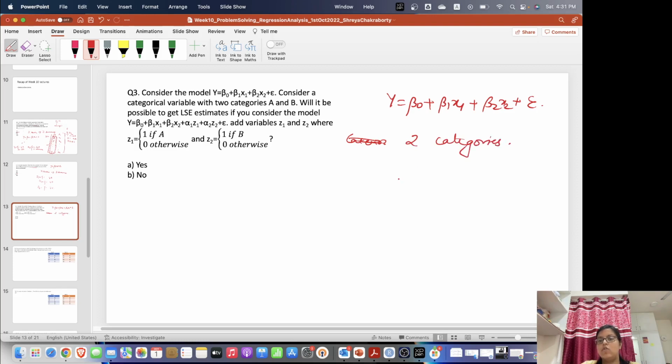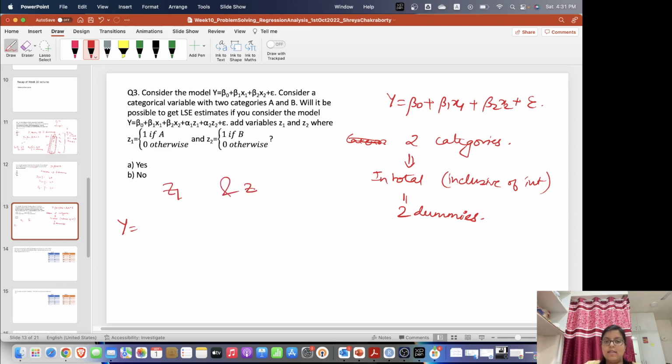So this implies in total, that is inclusive of intercept, we would have 2 dummies. But here what they are giving is that we are fitting Z1 and Z2.